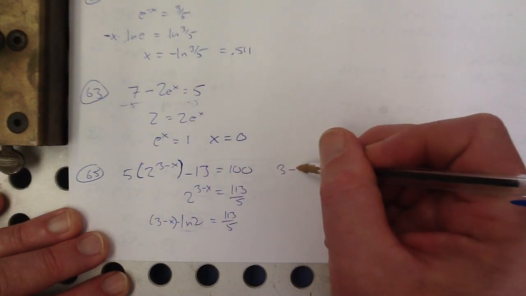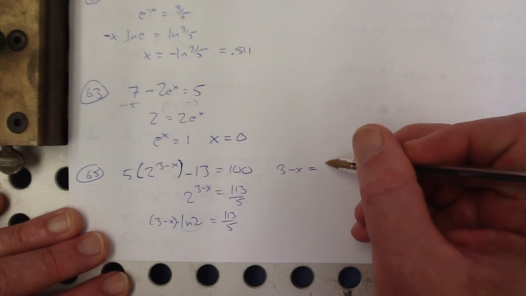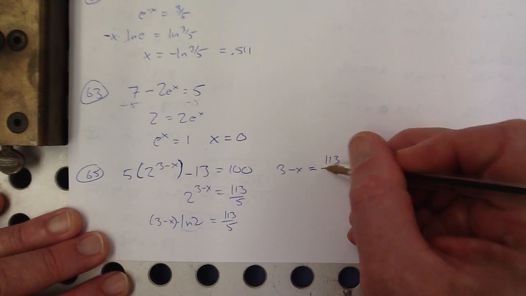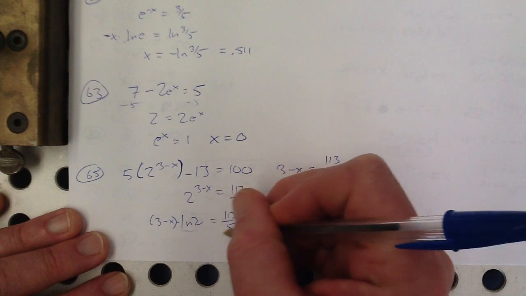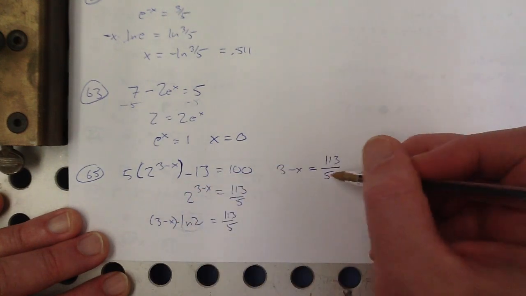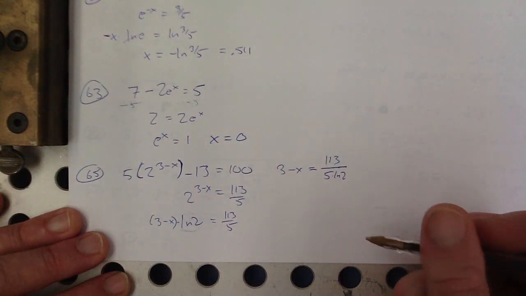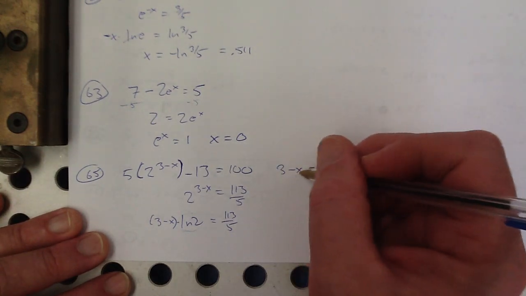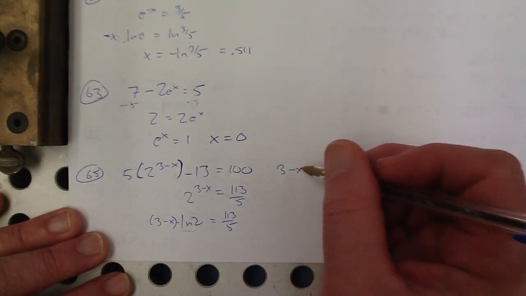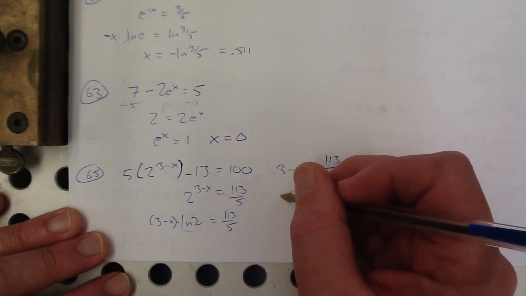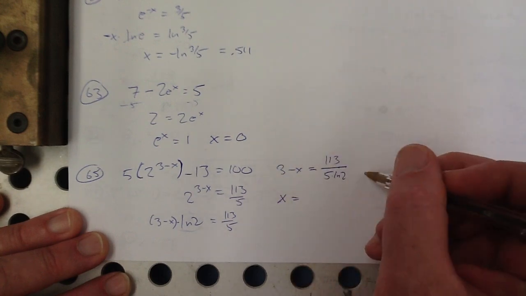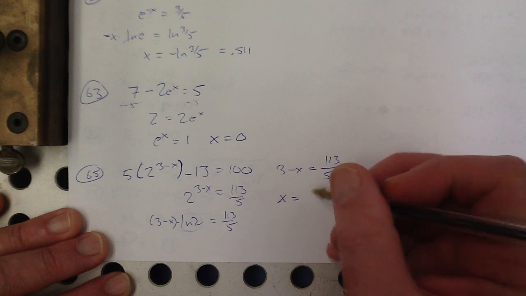So that gives me 3 minus x is equal to 113 over 5. If you divide a fraction by a number, it's the same as putting that number in the denominator. That's just like a math fact. Did you know that? Then I'm going to add x to the other side and then subtract this. So that gives me x is equal to 3 minus this.